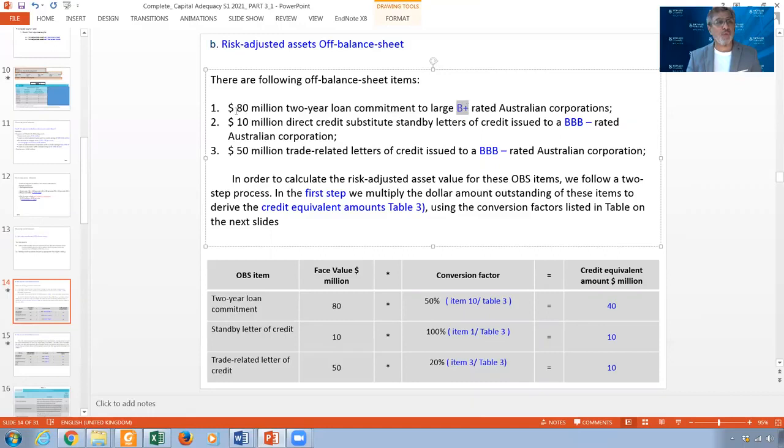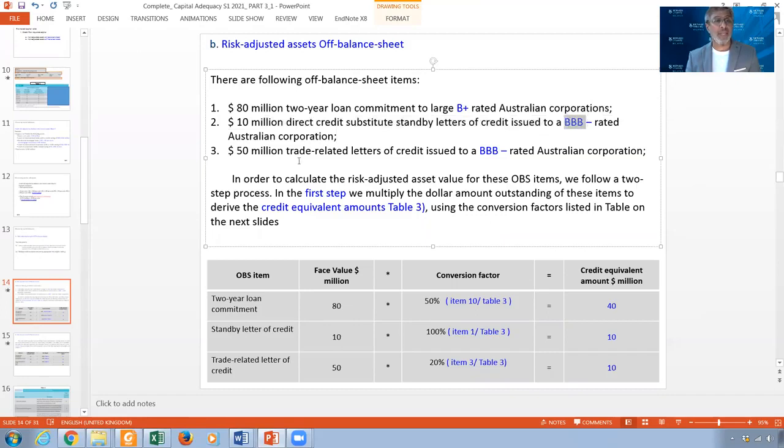But I need to convert this first to how much this loan commitment will be in terms of capital. If it is crystallized, what is my risk on that? And then I need to multiply it by the rating of the counterparty, which means the party I have the contract with. Same thing applies to 10 million of direct credit substitutes, standby letter of credit. The counterparty is BBB.